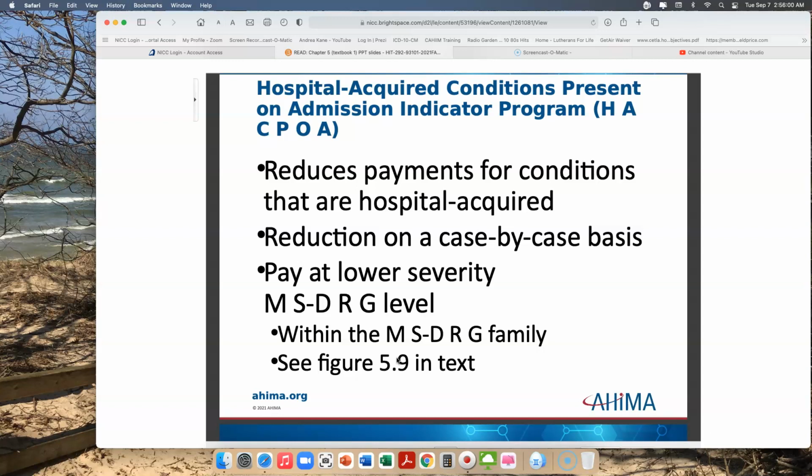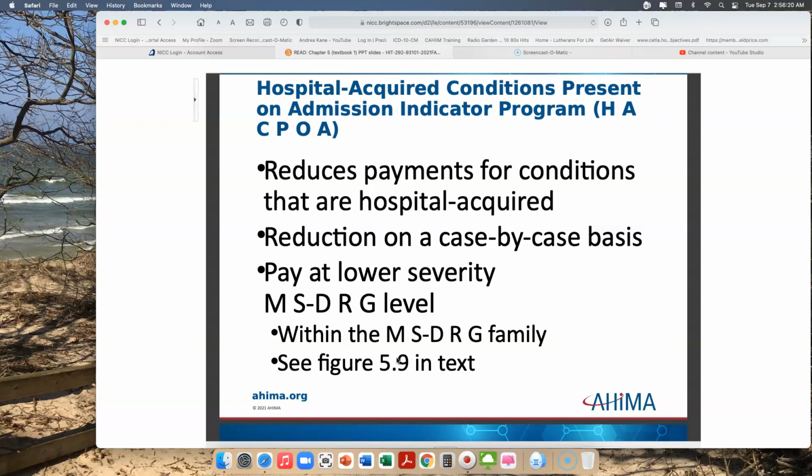And so the way that they could figure out whether or not it was something acquired in the hospital is to have what's called a present on admission indicator for every inpatient hospital diagnosis.